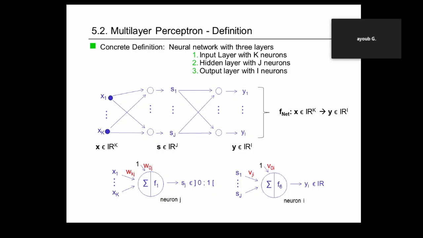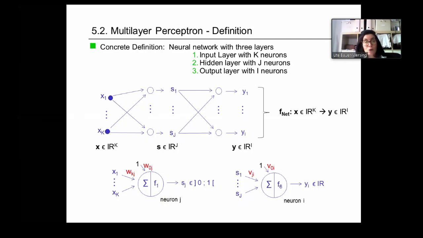How do they calculate it? The hidden neuron, basically, in the morning we saw the perceptron. Yes. What is the activation function of the perceptron?